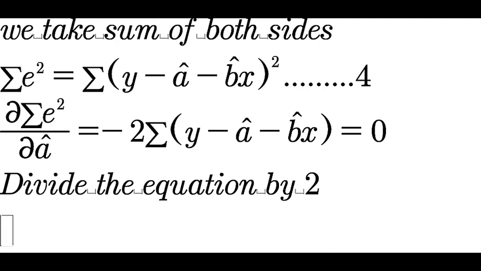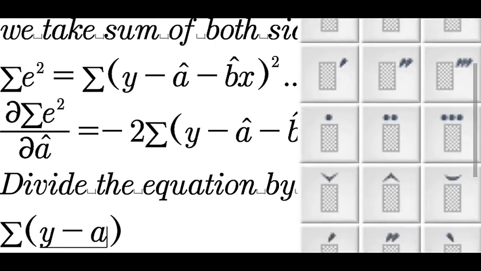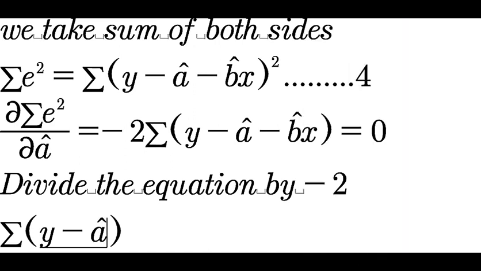The right hand side is -2 summation (y minus a hat minus b hat x) equal to 0. Dividing by -2, I obtain summation (y minus a hat minus b hat x) equal to 0.